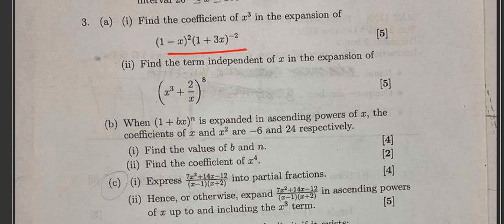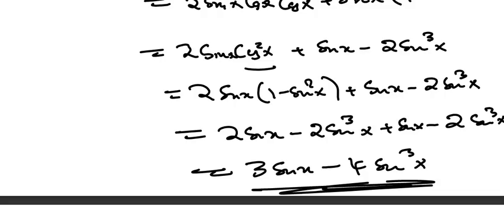Then look at the next one. The next one, they are saying find the term independent of x in the expansion of. So question 3a, part 2, they're asking us to get the term independent of x. If we're looking for the term independent of x, we always look for the term that has x to the power 0.